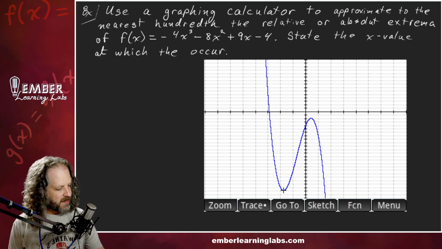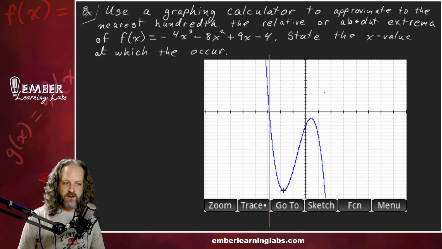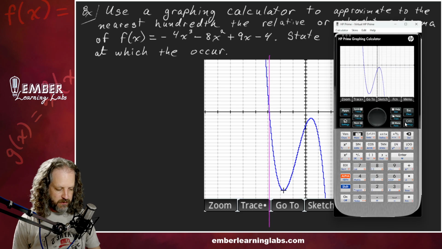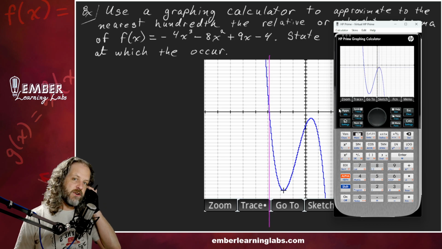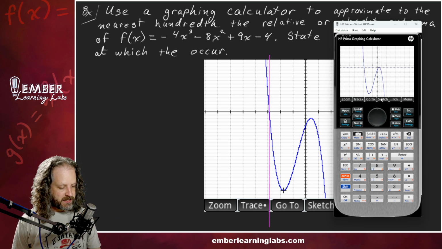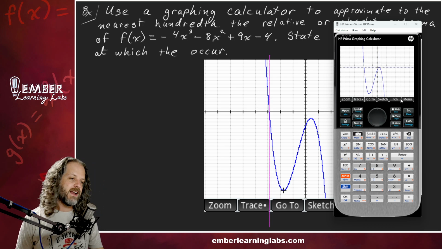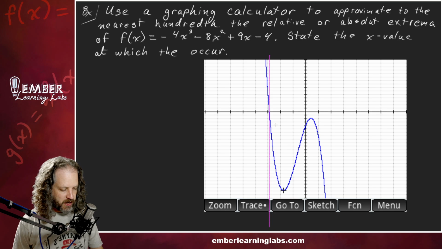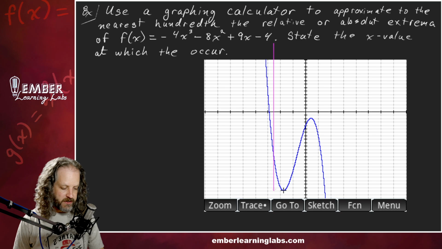You probably can't see that very well. Let me get a darker color. So it brings up a dotted cursor, and you use your scroll wheel or push buttons to move it. It's going to say something like lower bound or upper bound, probably lower first and then upper. You want to move that cursor to someplace kind of like where I put it just now.